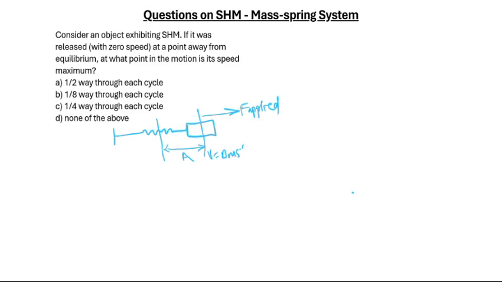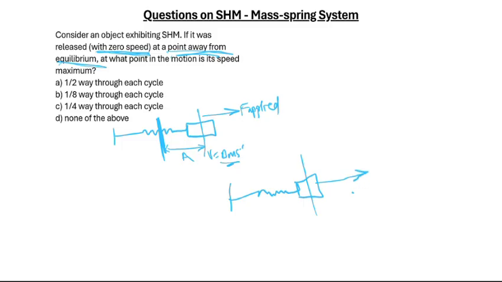That's why they said if it was released with zero speed at a point away from equilibrium. Remember, this is the equilibrium point, the main point. What we mean by equilibrium point is that when we attach an object to a spring, it has an equilibrium that it attains, but we tend to pull it.